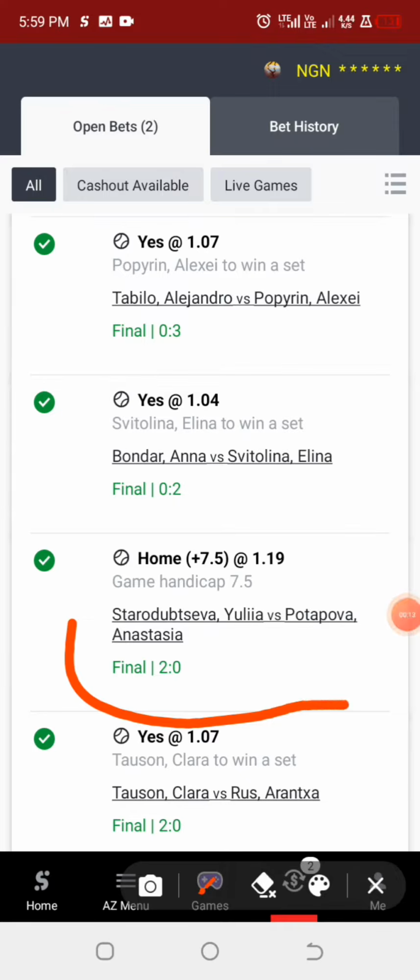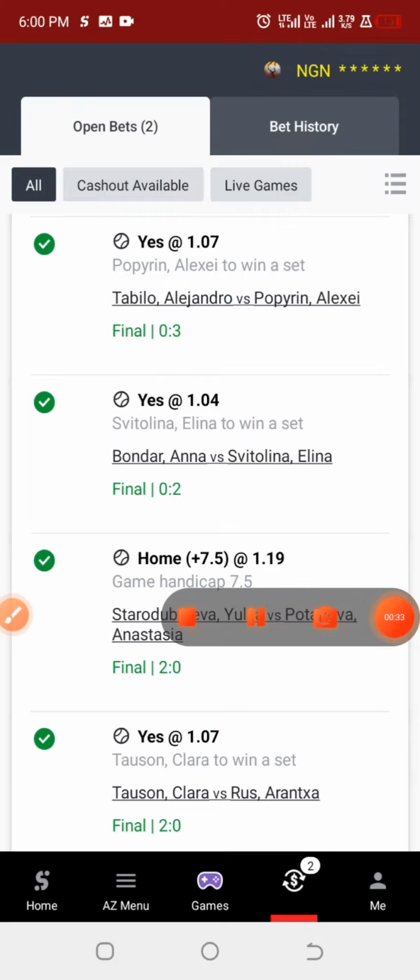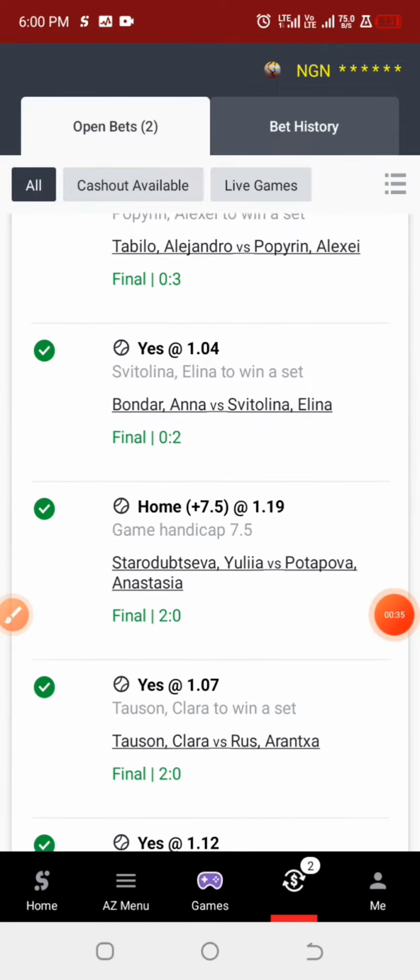While our previous prediction is still on, we are going to make another bet of the day today using this tennis handicap betting strategy and also individual player set prediction, that is, predicting a player to win at least a set. The last game in this slip was shifted, because in tennis they keep shifting the games.